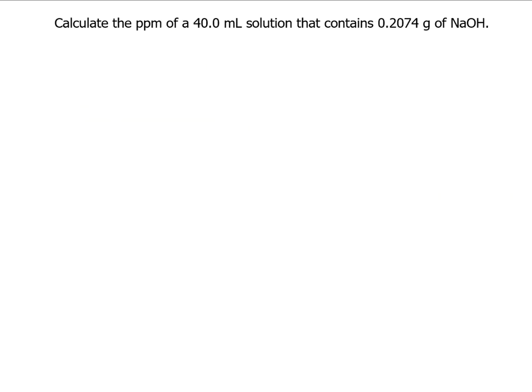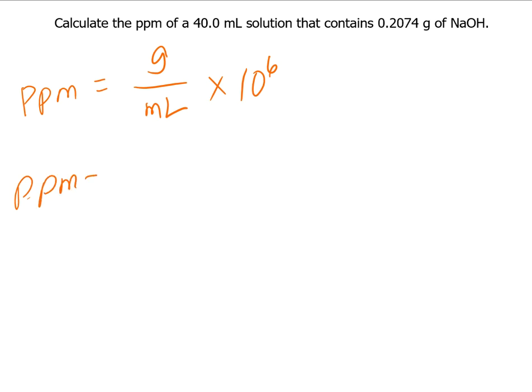We could have done the same thing with ppm, parts per million. Again, with the parts per million, it would start out the same way. We still need grams of solute, milliliters of solution, but now we're multiplying by 1 million. And so when we do that, we still have our 0.2074 grams.